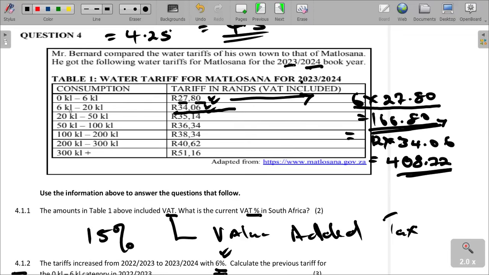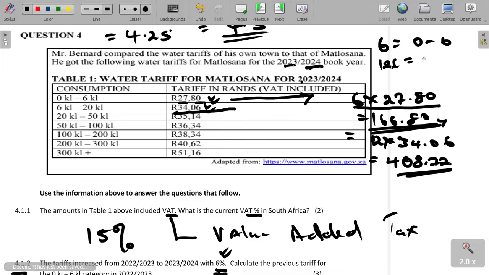And then we have 6 to 18, which is 12 liters. 6 liters is in the category of 0 to 6, and for us to have 18, we are short 12 liters.